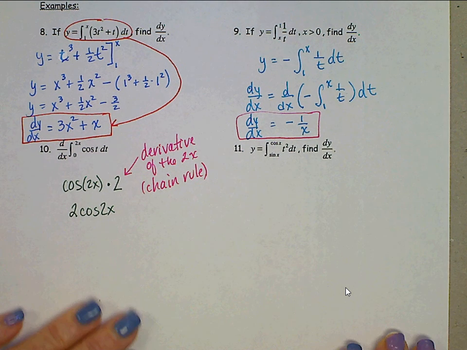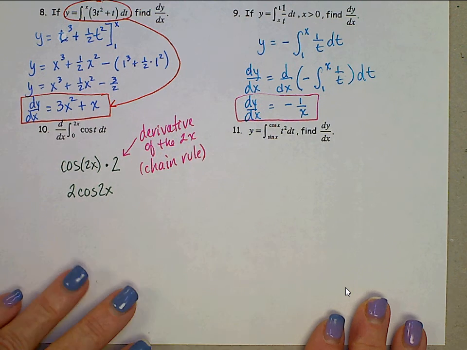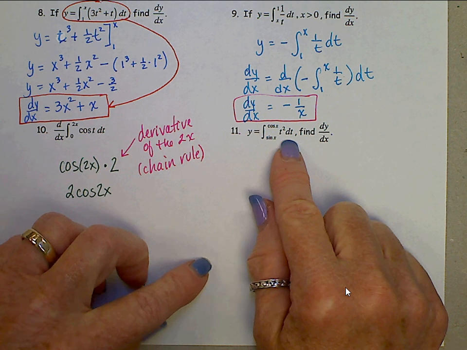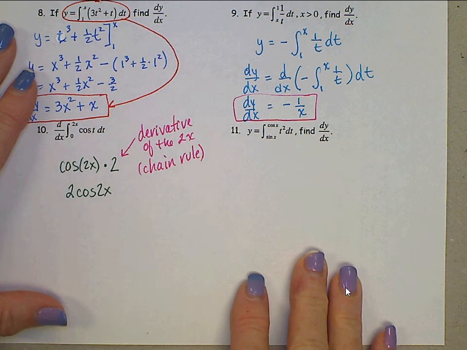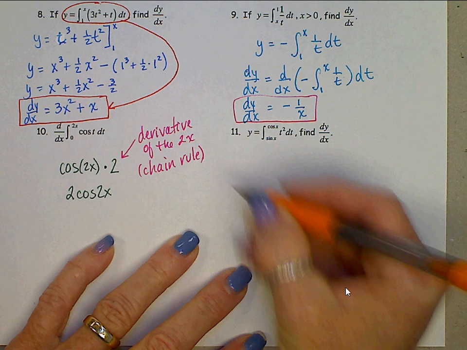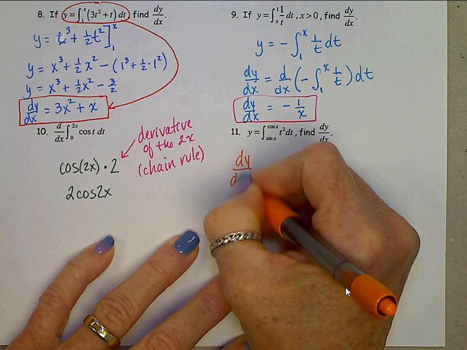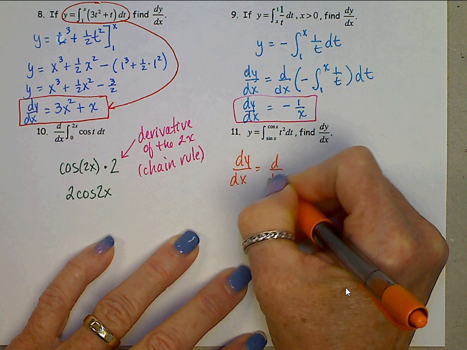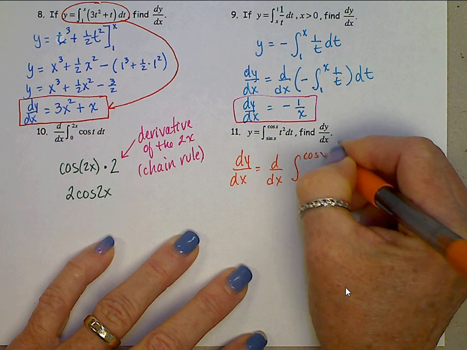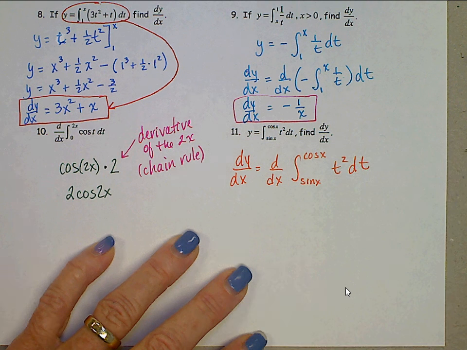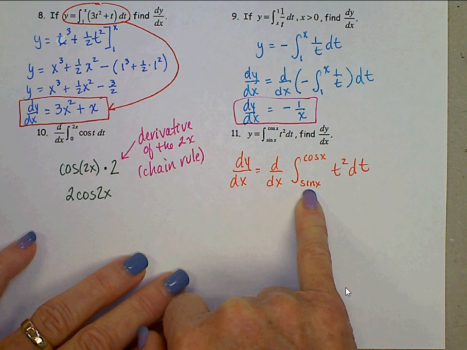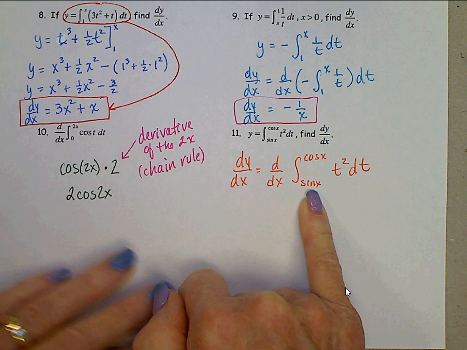All right, looking at number 11 here. We have y is the integral from sine x to cosine x of t squared dt, and I want you to find dy dx. Well, that means that dy dx is d dx, or the derivative of this mess, but we have a problem here because this lower bound is supposed to be a constant, and right now it's not a constant.